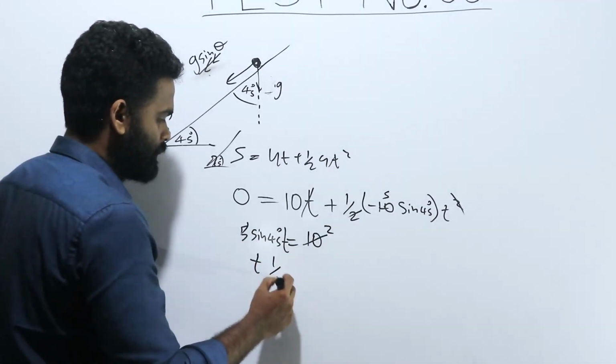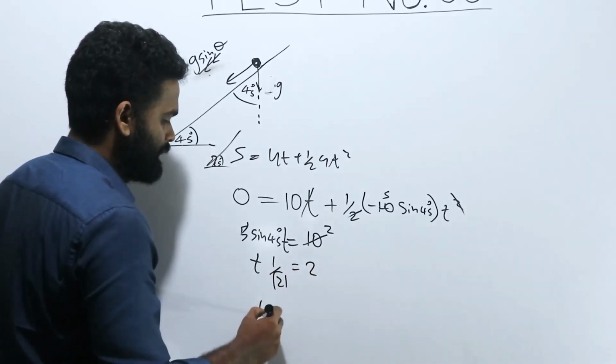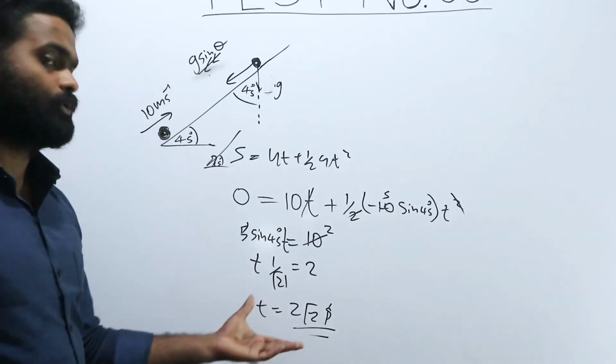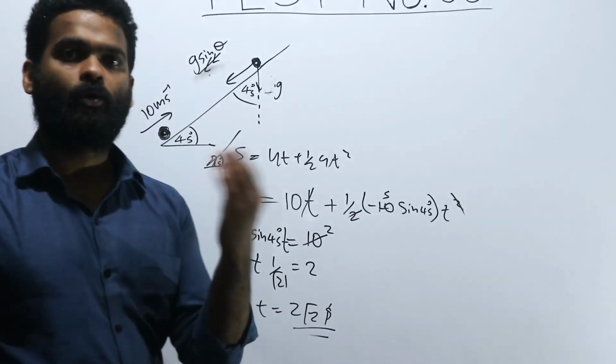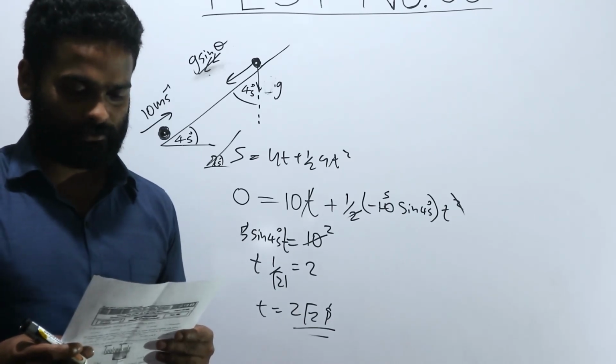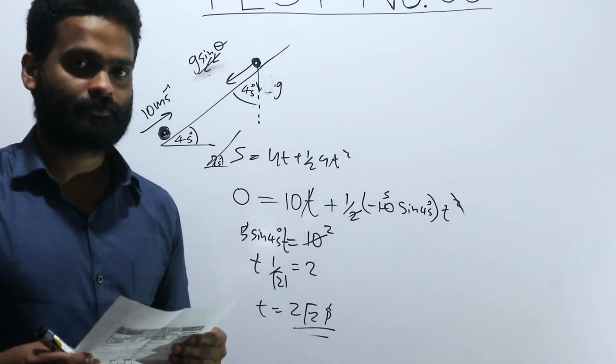T times 1 over root 2 equals 2. That t equals 2 root 2. So this is the total time required for this whole motion. 2 root 2 seconds. So the answer for the ninth question should be the fifth one.